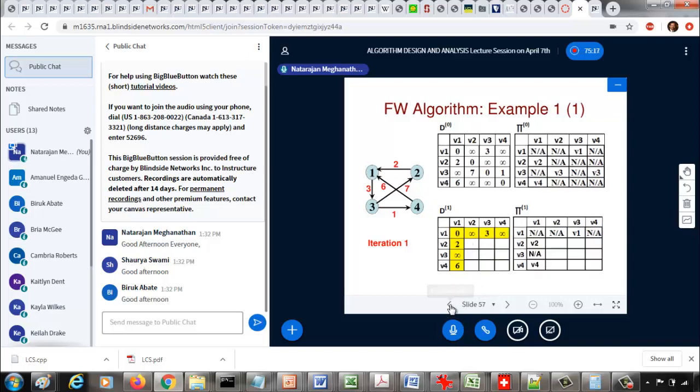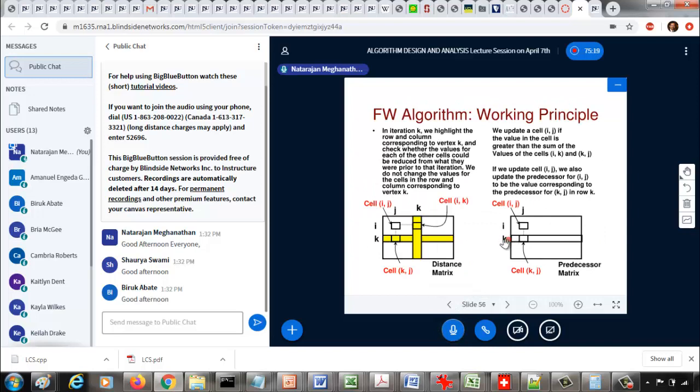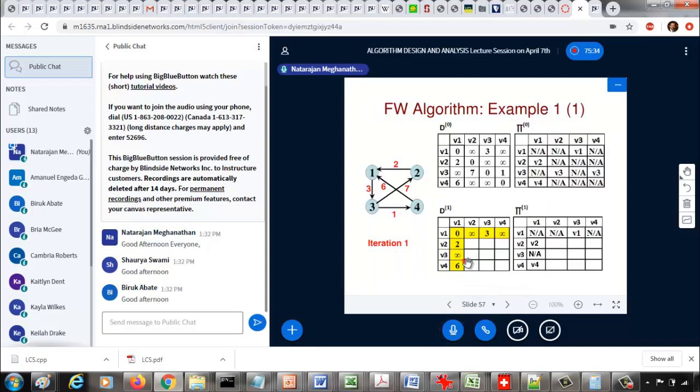Whatever is the predecessor from K to J is the same as the predecessor from I to J. We enter that same predecessor here.